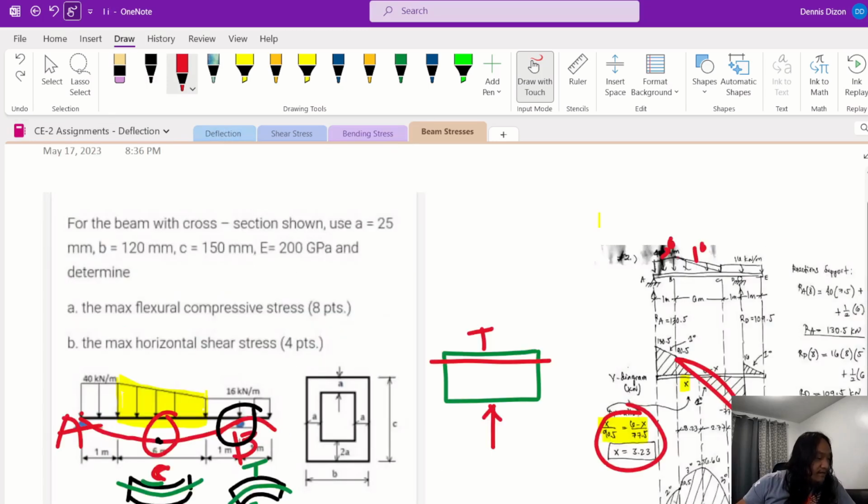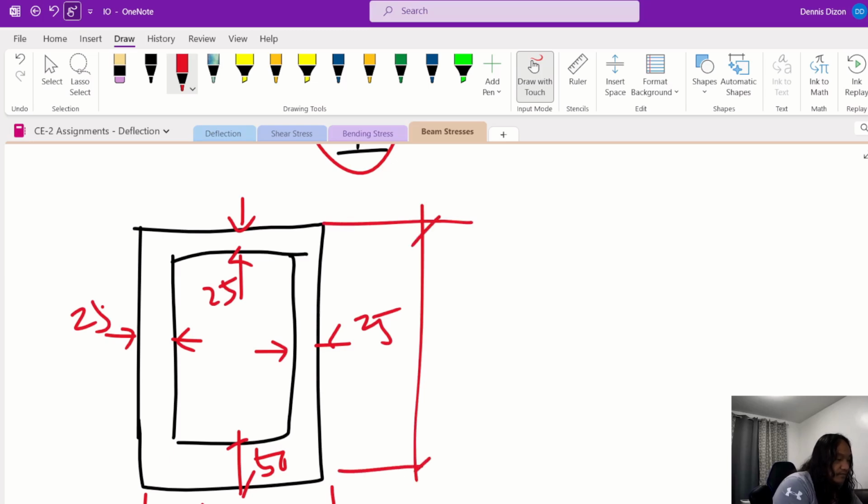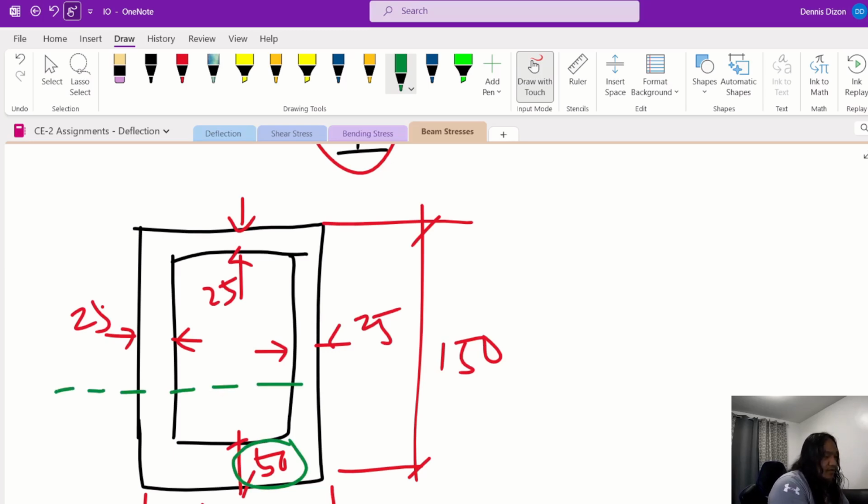And then B, the width is 120, then total depth is 150. So this one here is 120, and this one is 150. Now, by observation, this one here is thicker than the one at the top. Therefore, our neutral axis would be closer to the bottom.